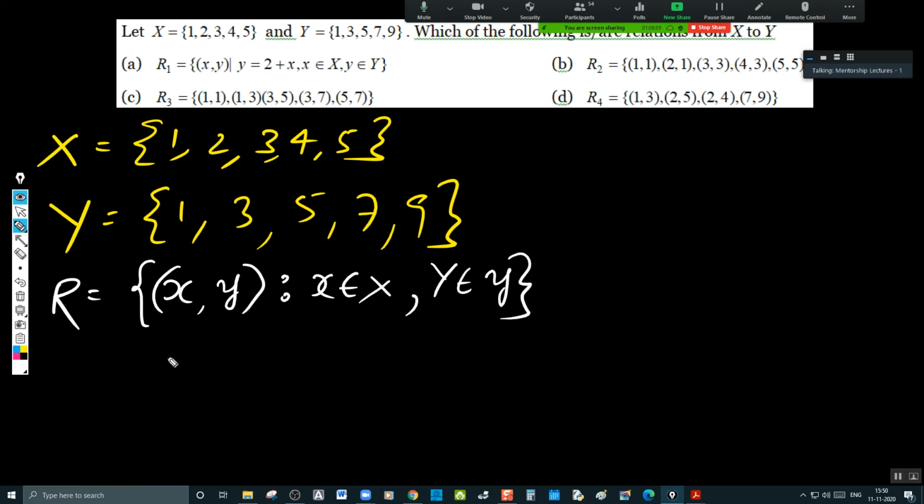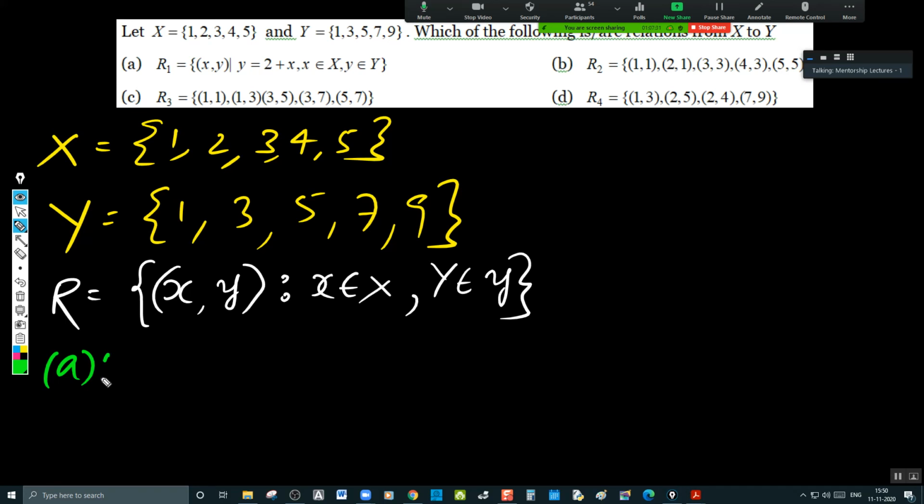That means whatever x you take, it must lie in the first set X. Whatever y you get from x must be lying in the second set Y. If not, it is not a relation. I wrote the most general definition there. Now let me go to the first option.